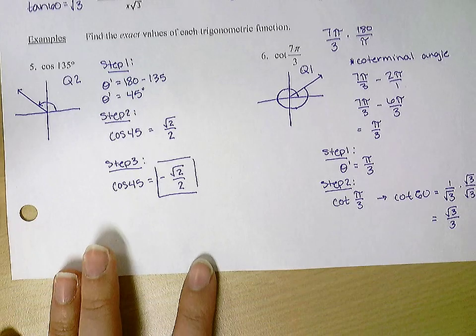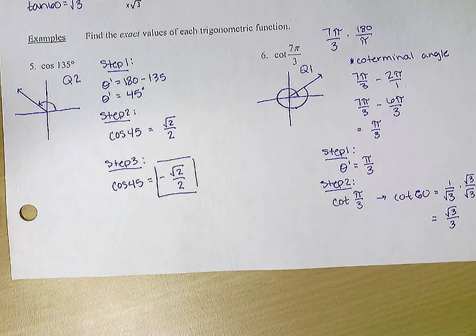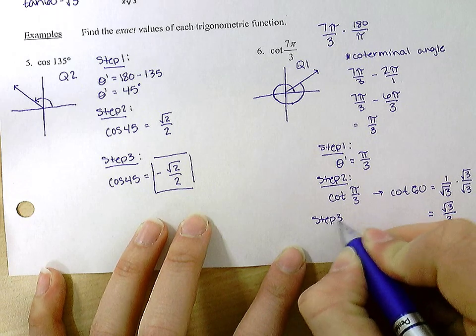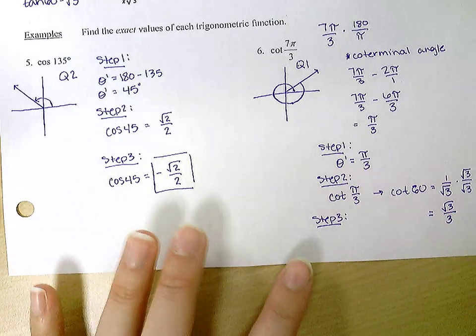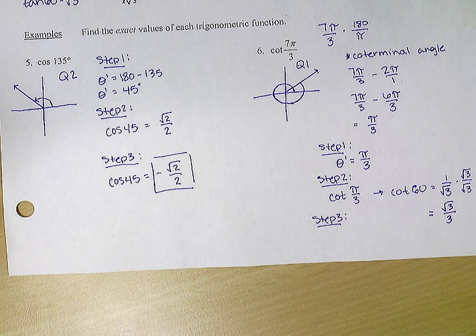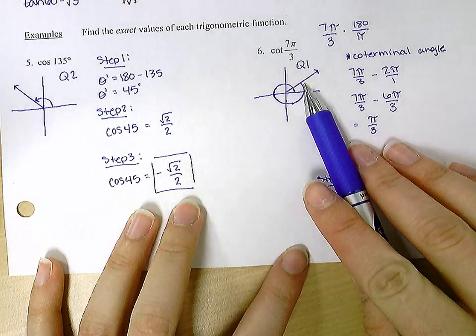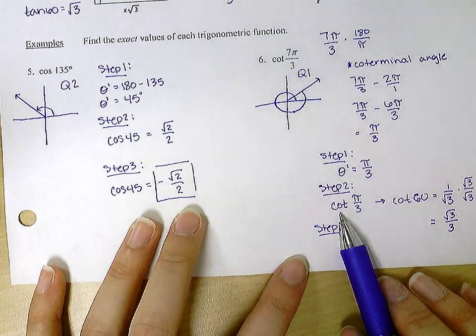All right, so that was step 2. Step 3 isn't that difficult. Step 3 is where you have to look at that chart above on this note sheet. I'm in quadrant 1, and cotangent.